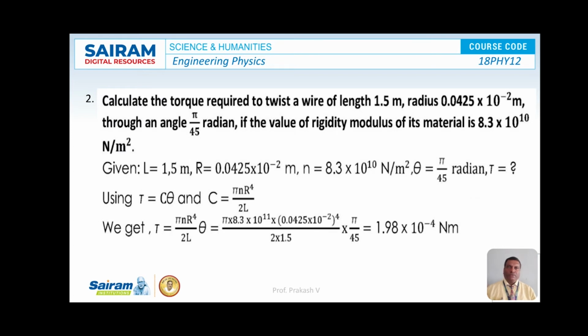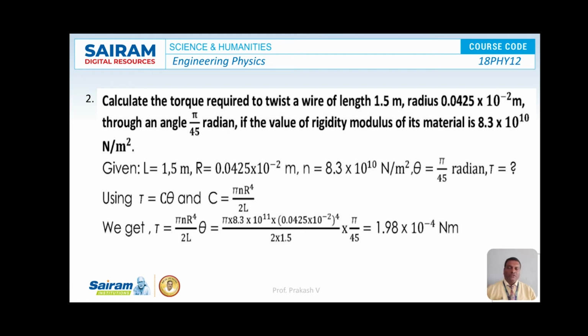The second problem is: calculate the torque required to twist a wire of length 1.5 meter and radius 0.0425 × 10^-2 meter through an angle of pi by 45 radian, if the value of rigidity modulus of the wire is 8.3 × 10^10 Newton per meter square.